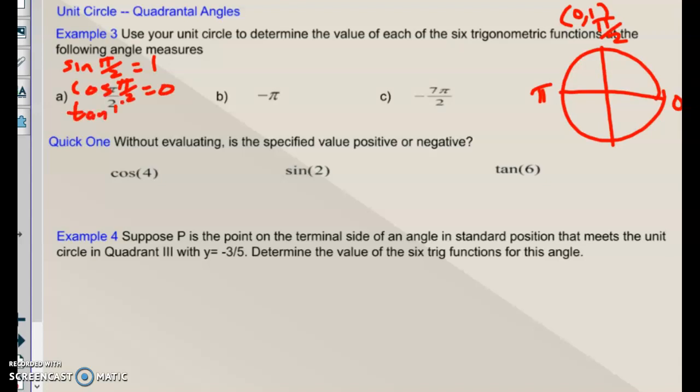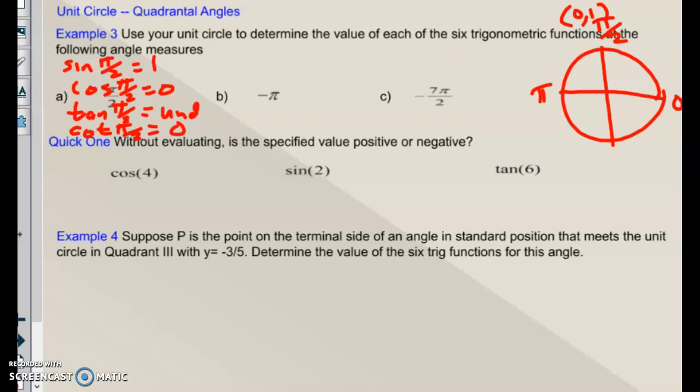The tangent at pi over 2 is equal to sine divided by cosine, so 1 divided by 0 is undefined. The cotangent is 0 because that's the cosine divided by the sine, so 0 divided by 1 is 0.